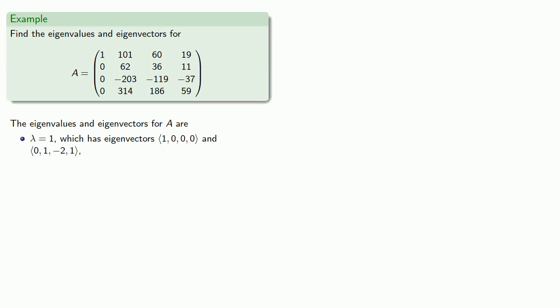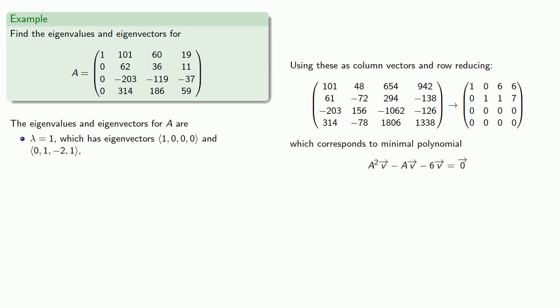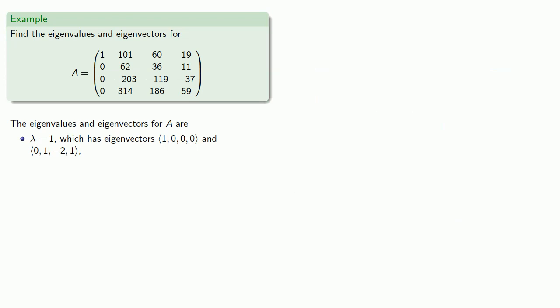And as before, we'll use these as column vectors and row reduce. We find our minimal polynomial, which turns out to be quadratic, and we can factor it. And we find two more eigenvalues, lambda equals 3 and lambda equals -2. And as before, once we know the eigenvalues, we can find the eigenvectors.